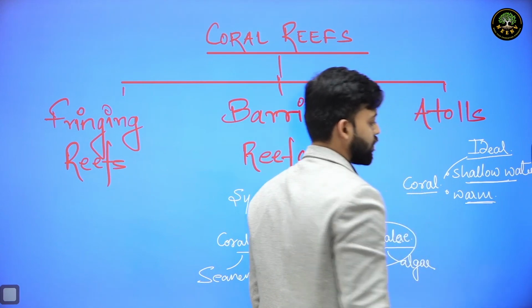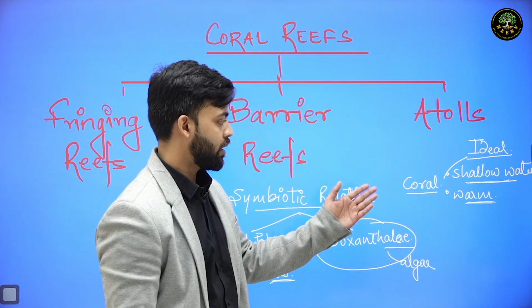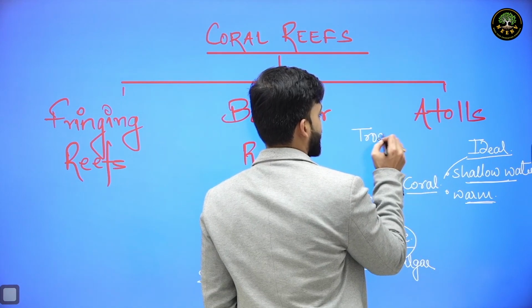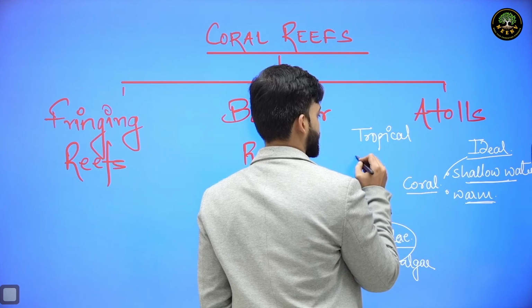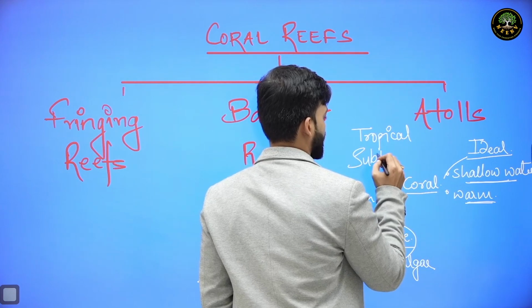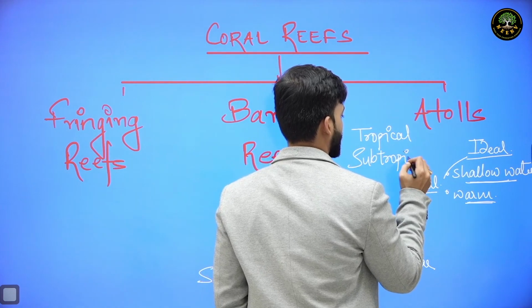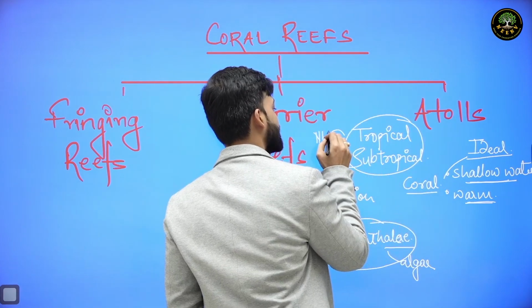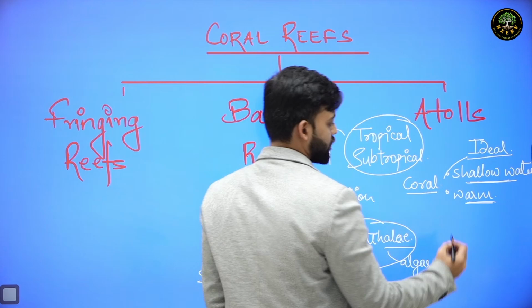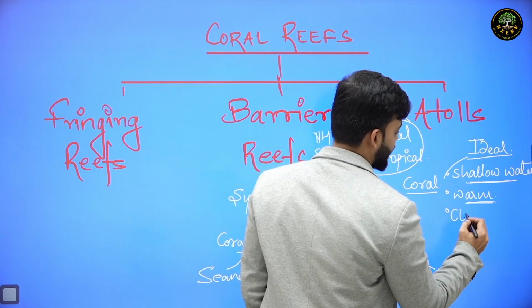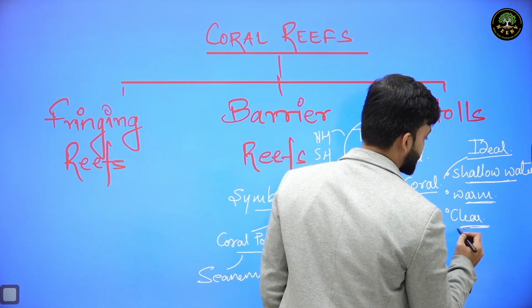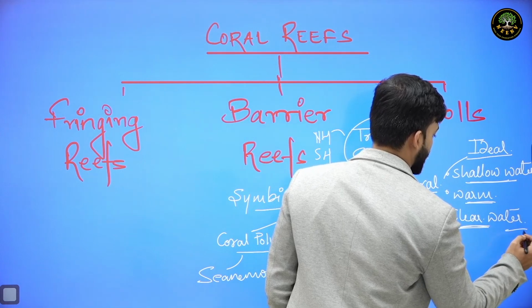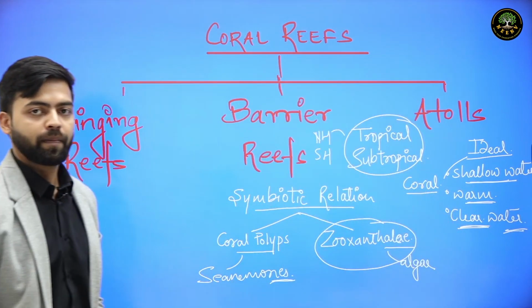That's why they are usually absent in polar regions, though they are present in tropical and subtropical regions, in both the northern hemisphere and southern hemisphere. Also, the water should be clear, that is, water should not have sediments. Clear water is required for the formation of coral reefs.